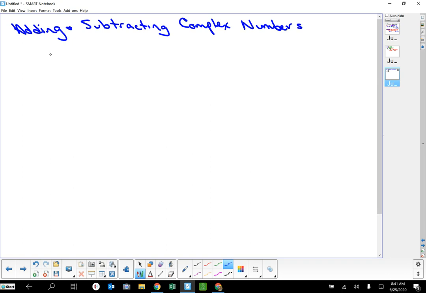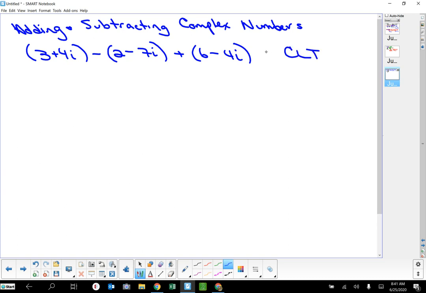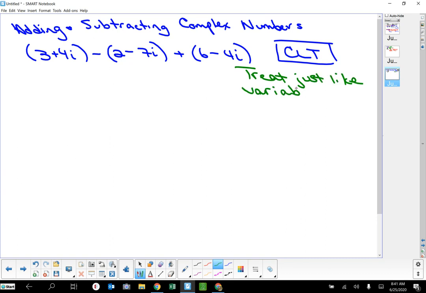If you have something like, let's go 3 plus 4i minus 2 minus 7i plus 6 minus 4i. Well, first, this is going to be just combining like terms, right? That's all you're going to do. And you're going to treat these just like variable expressions.